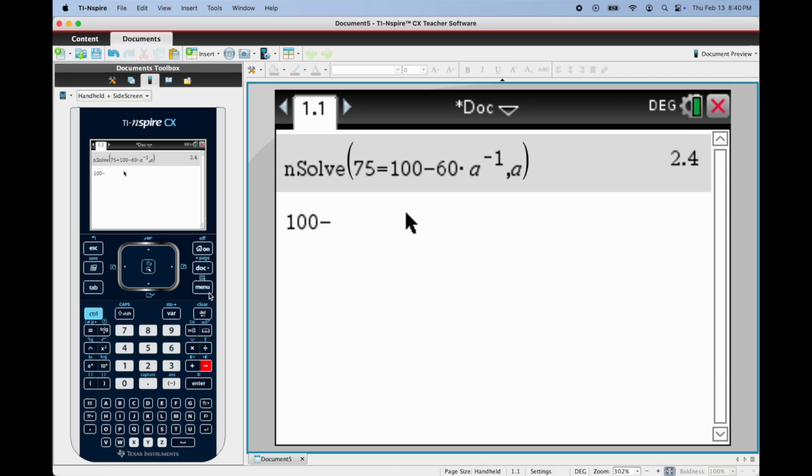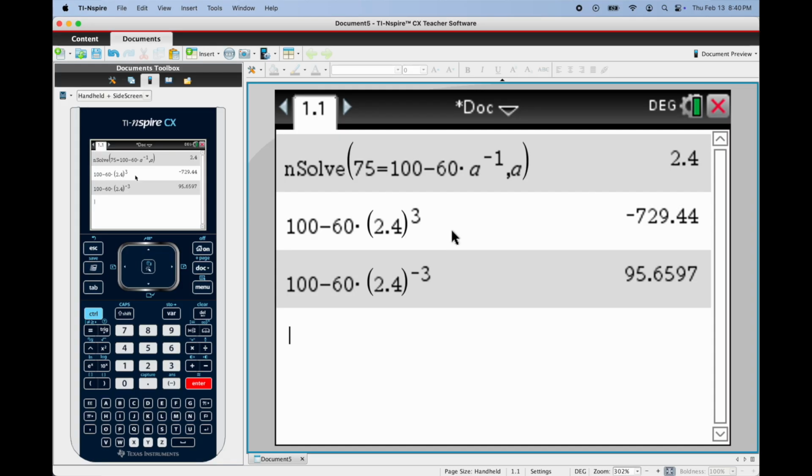100 minus 60 times 2.4 raised to the power of 3. Okay, something went terribly wrong. Of course. 100 minus 60 times 2.4 to the power of negative t, remember?